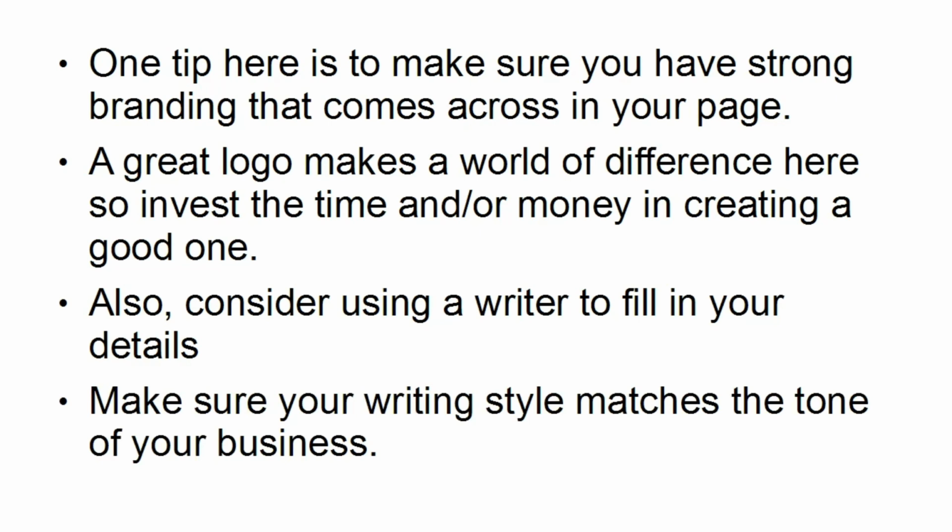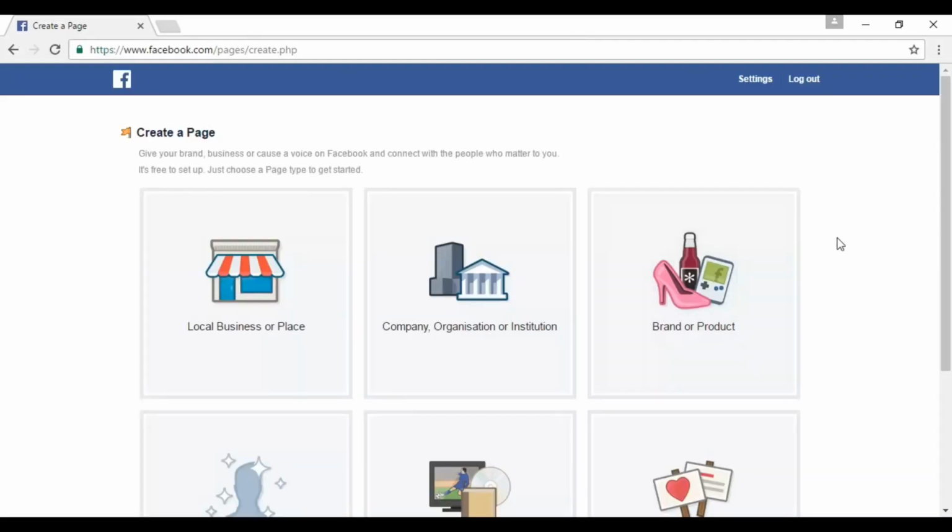They make it kind of hard to find the page to log in to create pages. So you want to come to this URL, which is facebook.com/pages/create.php. It takes you to this page here.